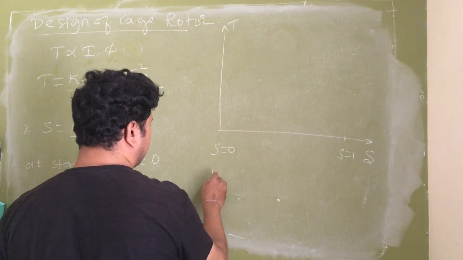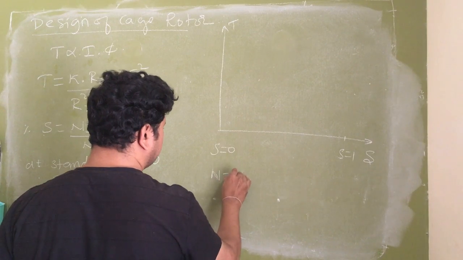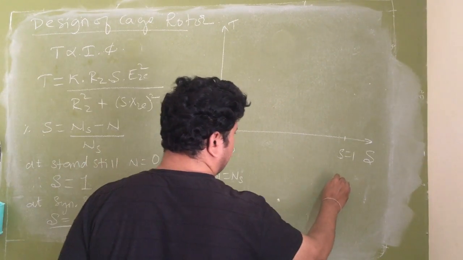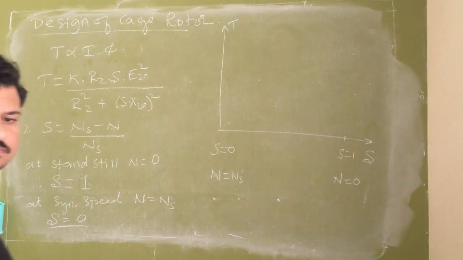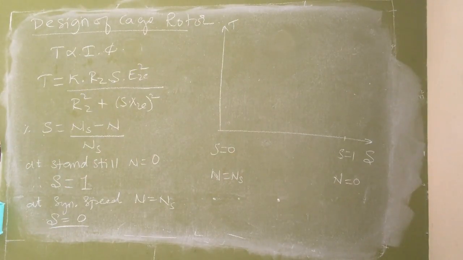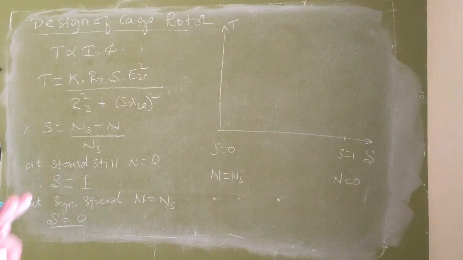If S is equal to 0, N is equal to Ns; at S equal to 1, N is equal to 0. If slip varies from left to right, speed varies from right to left. That's it.